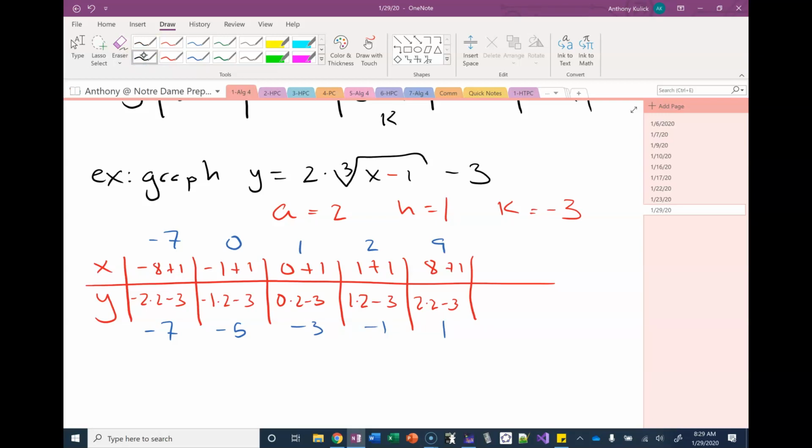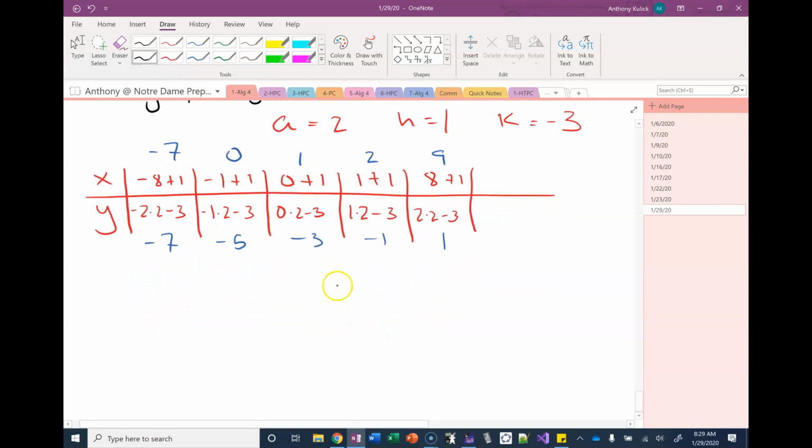Everybody okay with that? So now we'll just plot these points. Let's see, 1, 2, 3, 4, 5, 6, negative 7. 1, 2, 3, 4, 5, 6, 7, 8, 9.